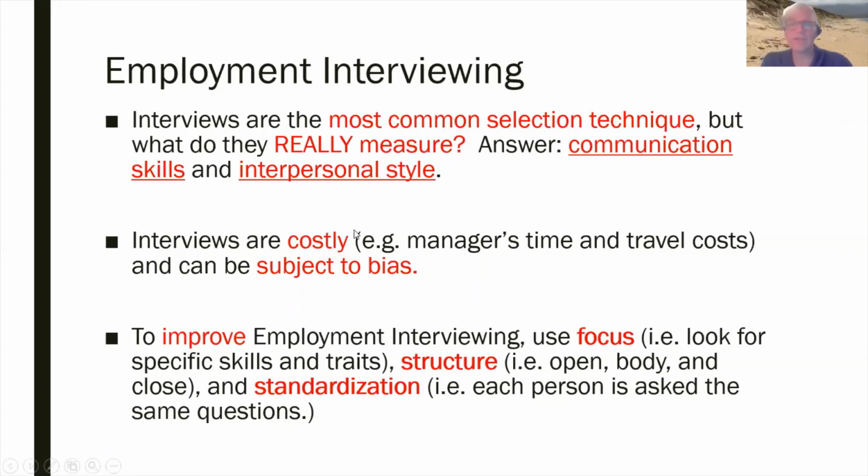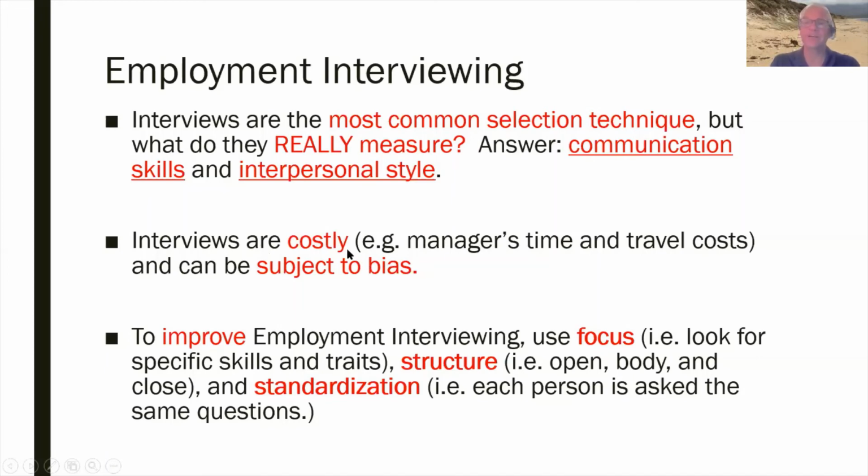Okay, the other thing is interviews are costly: managers' time, travel cost if you fly people in. And they can be subject to bias. There's a whole bunch of different biases people have, and we'll get into more of those when we get to performance management. One of them is recency bias, so the last thing they say is what you glom onto.